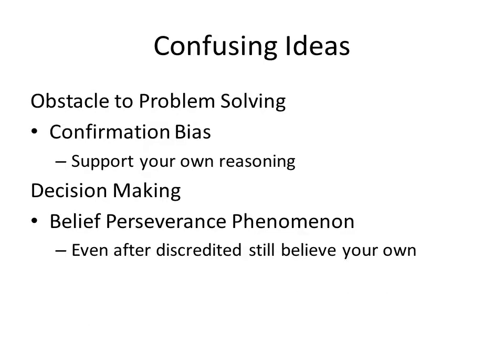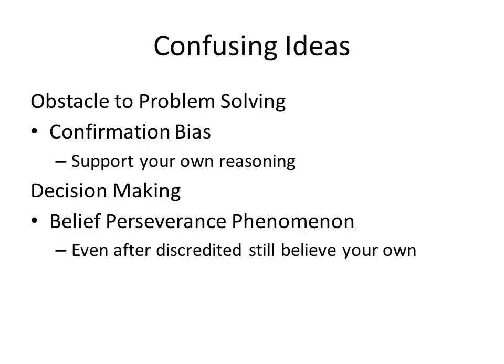So sometimes students get two ideas confused: obstacles in problem solving and decision making. Confirmation bias is when you just want to support your own idea. You don't know the other ideas at this point in time, and you just want to support your own reasoning. Belief perseverance phenomenon is you've been told the other person's point of view, and you're still supporting your own.